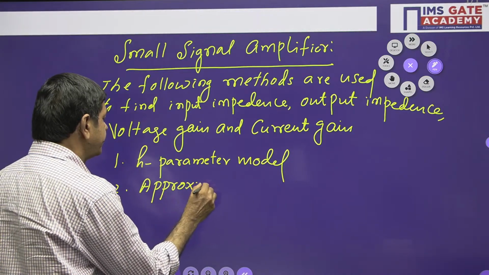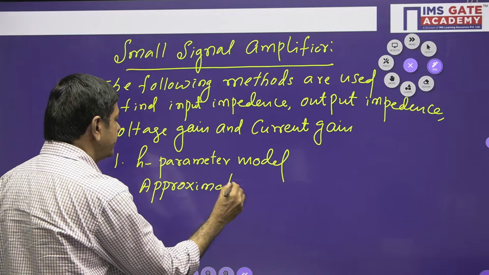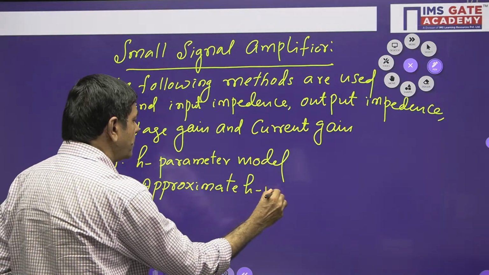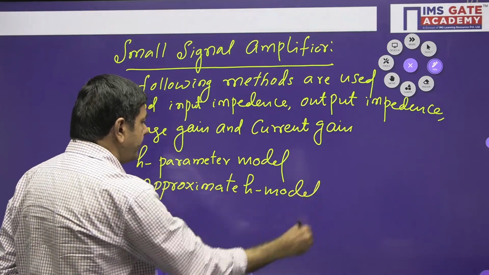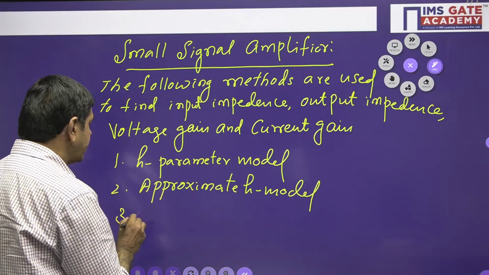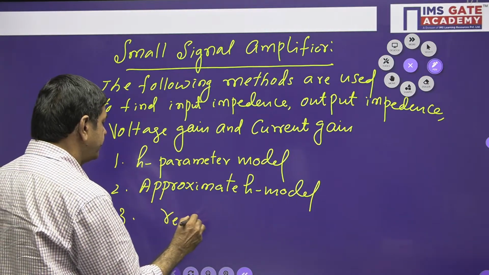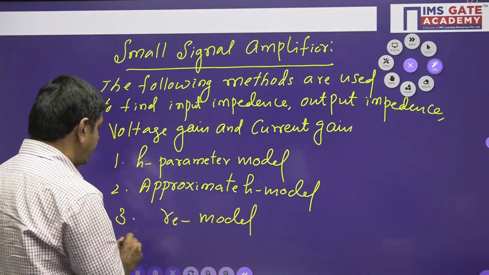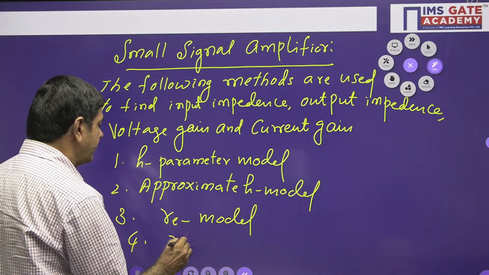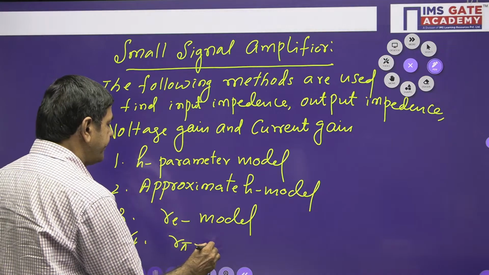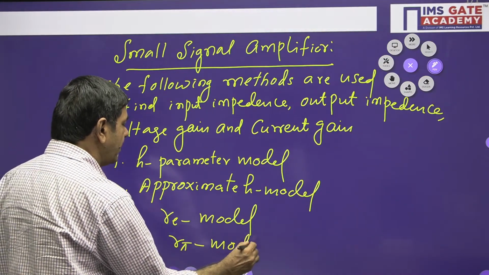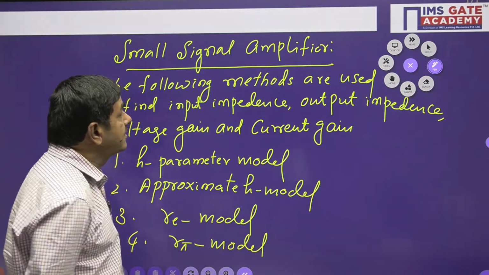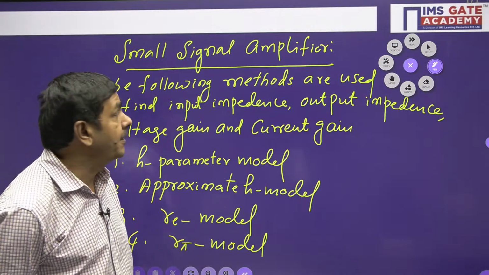And third one, you can use RE model. And the fourth one is nothing but R-pi model. These are the models used to find the different parameters.